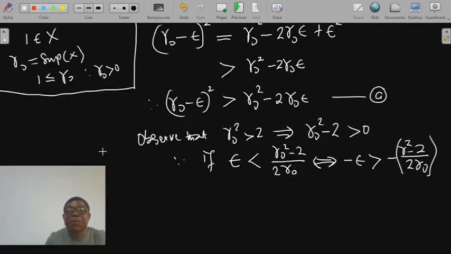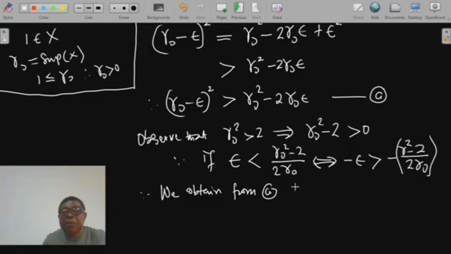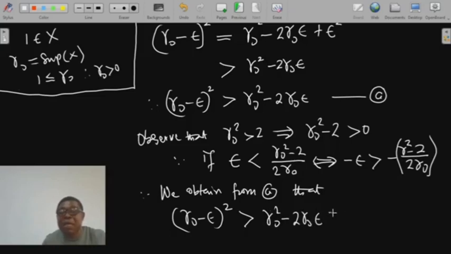And this means therefore we shall obtain from A that gamma naught minus epsilon all squared will be bigger than gamma naught squared minus 2 gamma naught epsilon, and this is still greater than gamma naught squared, then here we have minus 2 gamma naught.